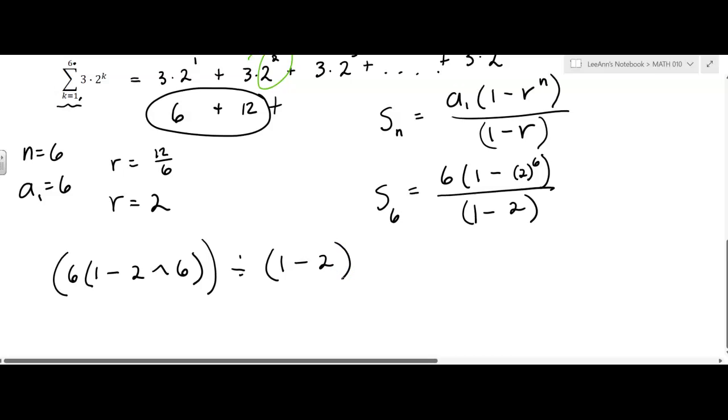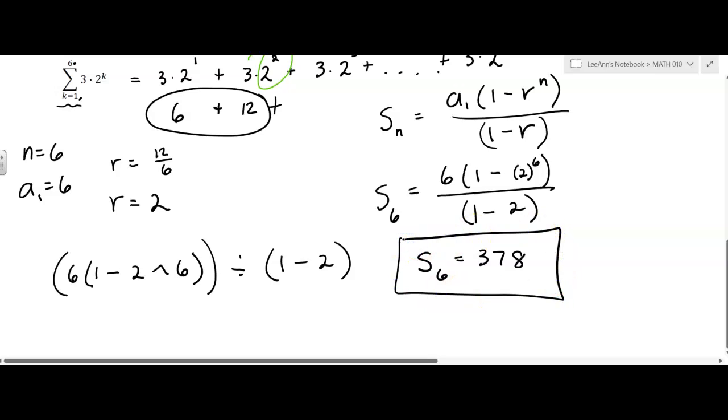You have to have both of them or it's not going to do it right. And I get 378. So the sum of the 6 terms is 378. You can check that. You can find all 6 terms and add them up. But there's the formula so you don't have to.